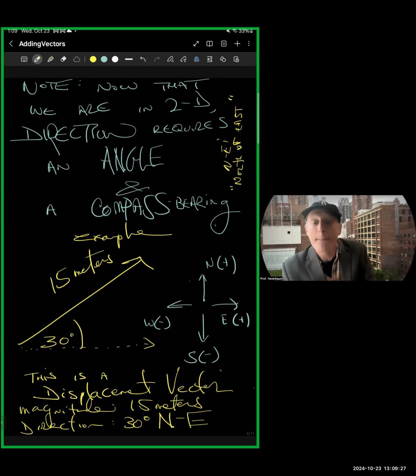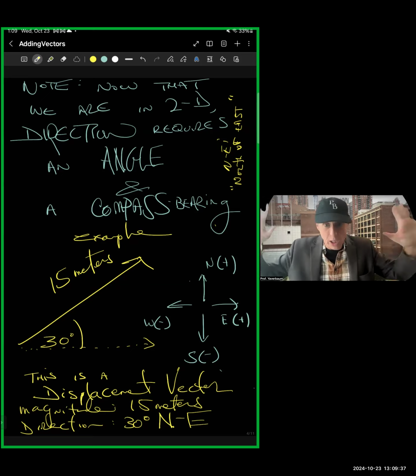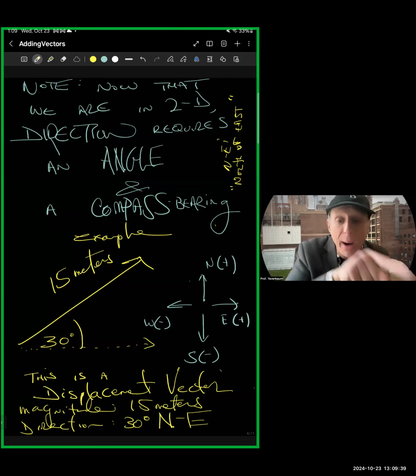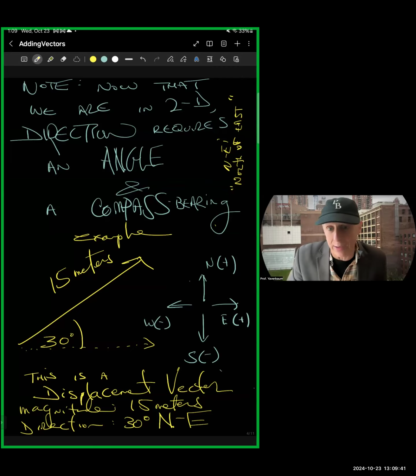I believe you. But I also want to say that this arrow represents literally 15 meters of displacement from one initial position to a final position somewhere in space. But I could have drawn an arrow just like that and labeled it 15 meters per second. And if I wanted to make it slower, like 5 meters per second, I'd make it a shorter arrow. But then the arrow would be representing a velocity.